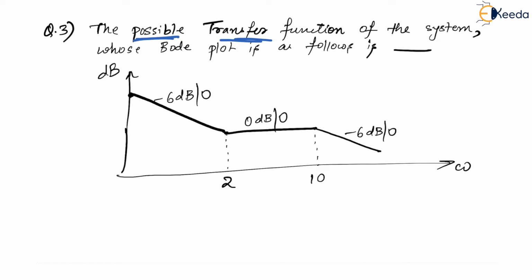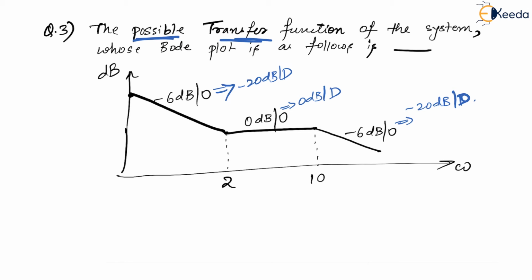We don't want it in octave, because we are quite okay with decade, it becomes easy for us, right? So this minus 6 dB per octave can be said as minus 20 dB per decade. Similarly, this 0 dB per octave is nothing but 0 dB per decade itself, and this minus 6 dB per octave is nothing but minus 20 dB per decade. I'm so sorry.